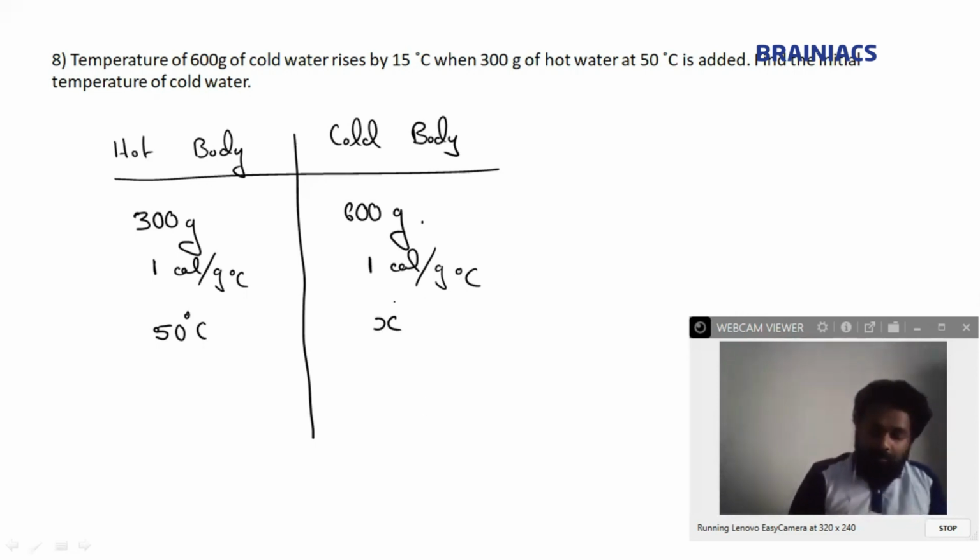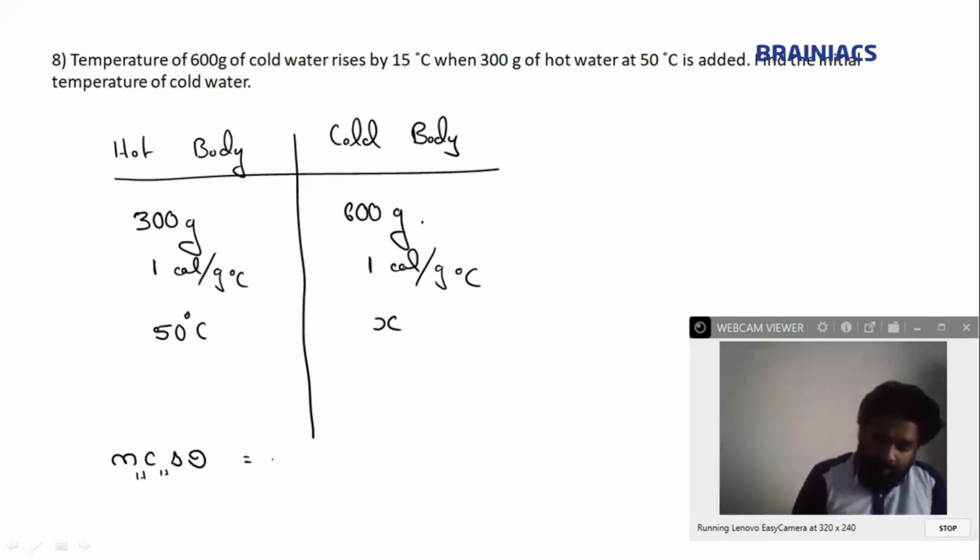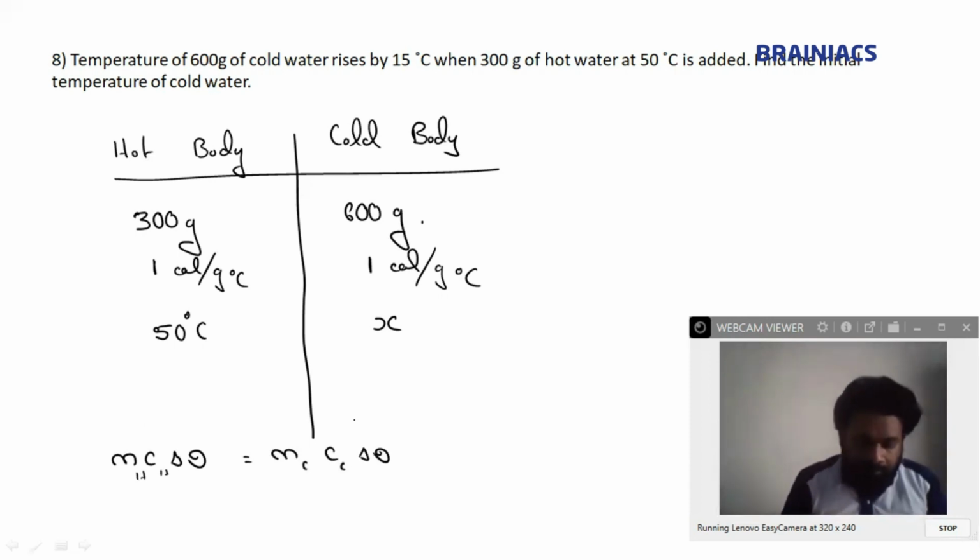Now we will apply heat lost is equal to heat gained. So MC delta theta of hot is equal to MC delta theta of cold. Now MC delta theta of hot is what? 300 into 1 into here.